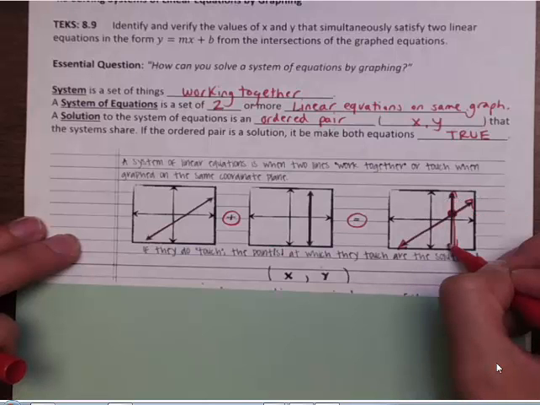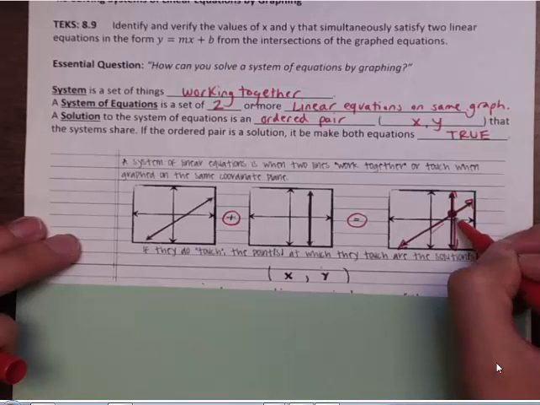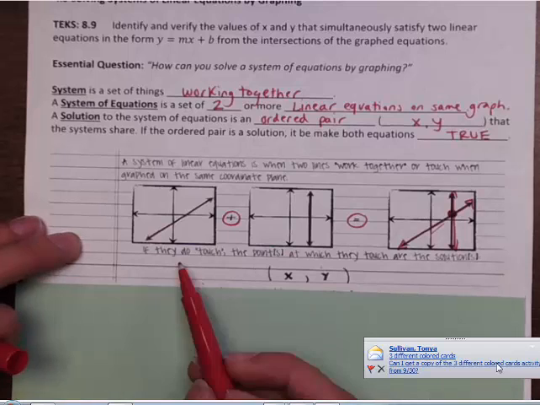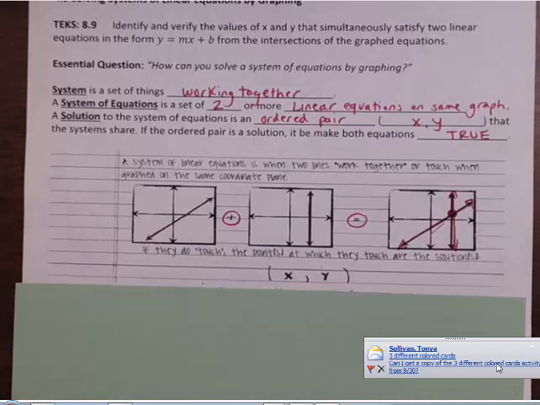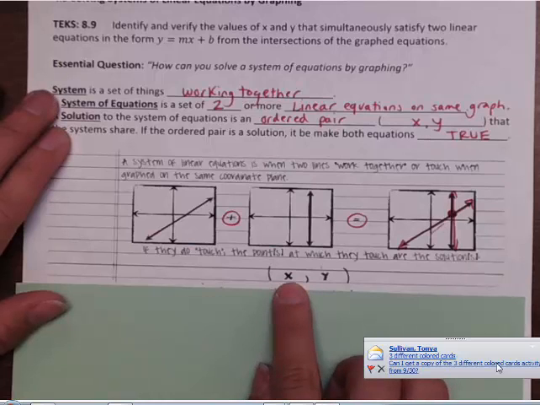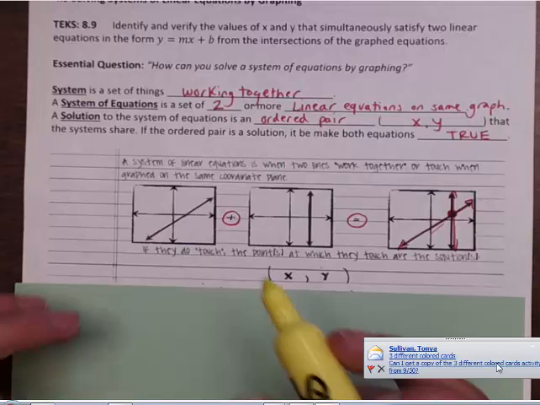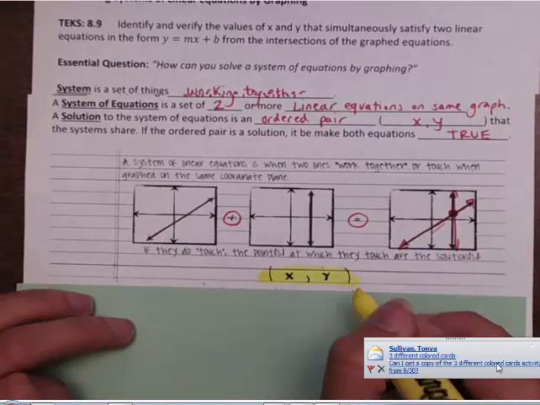So that's why it satisfies both equations, which means that that is a solution to the system of equations. Okay, so if they do touch, the points at which they touch are the solutions. So in this instance, our solution should always be written as an ordered pair, which is just x comma y in parentheses. All of our solutions should be written in that way.